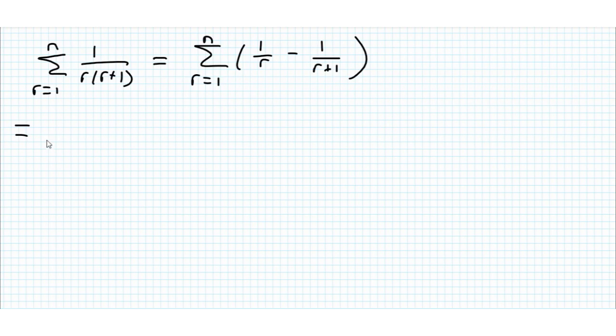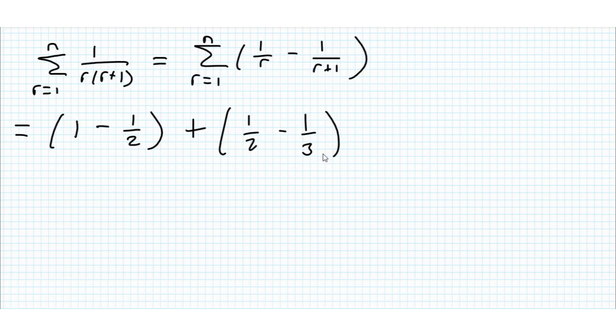So for r equals 1, we get 1 over 1, so that is just 1, minus 1 over 1 plus 1, so that's 1 half. And then the next term is with r equal 2, and that gives us 1 over 2, so that's plus 1 half. Then we get minus 1 third, and 1 third, minus 1 fourth, 1 quarter.